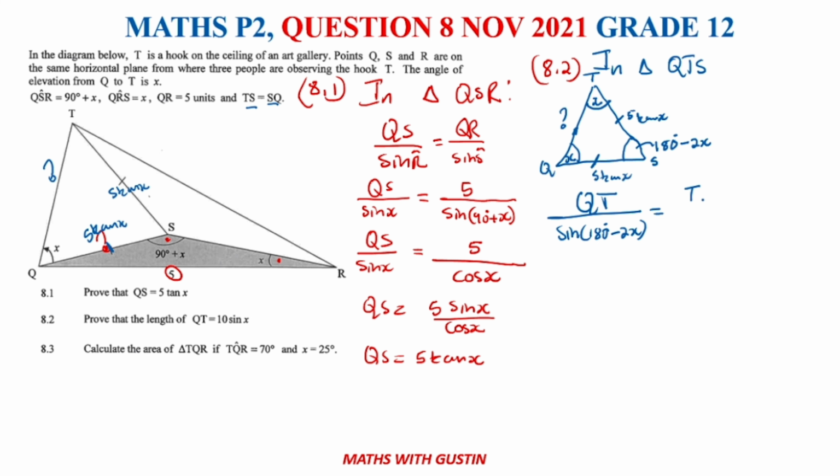Okay, I should have stated the formula rather, but I didn't. Okay, TS. Where is TS? TS is there, all over sine Q. All right, so now let's substitute this.